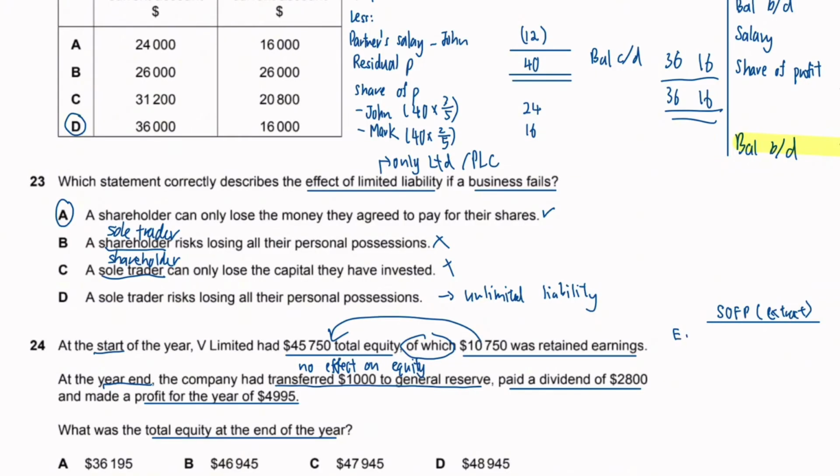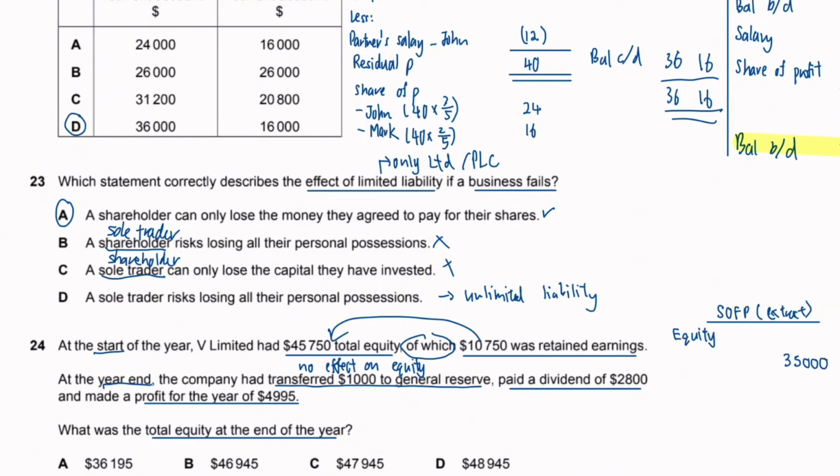So this is equity. It gives you 45,750. But we don't know the details, like whether this is ordinary share capital or general reserve, so we can just write 35,000, I guess.